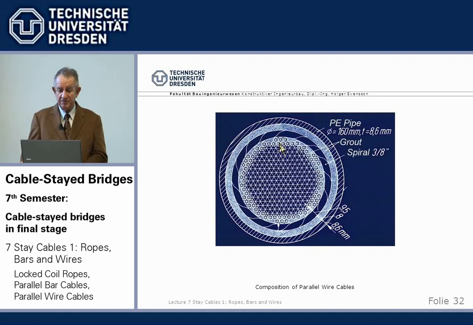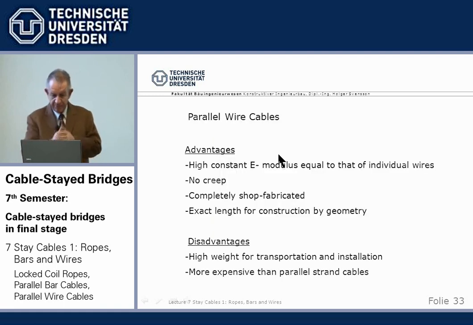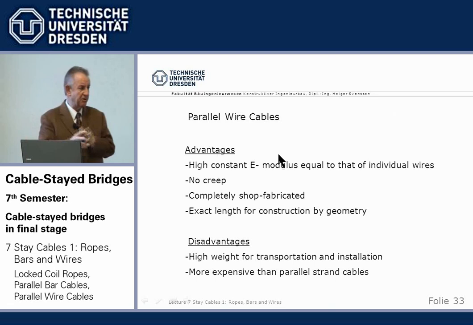Between the PE pipe and the wires there is some corrosion inhibitor, initially cement grout, like post-tensioning tendons, and there is then a helix around to keep them together in a tight position, and the wires themselves today are galvanized. Now, how did that come about? Completely new development, started 1960.